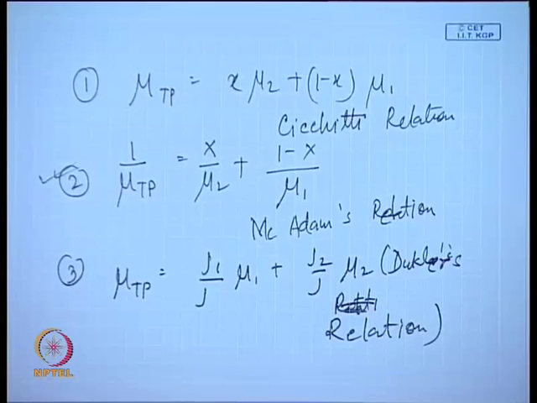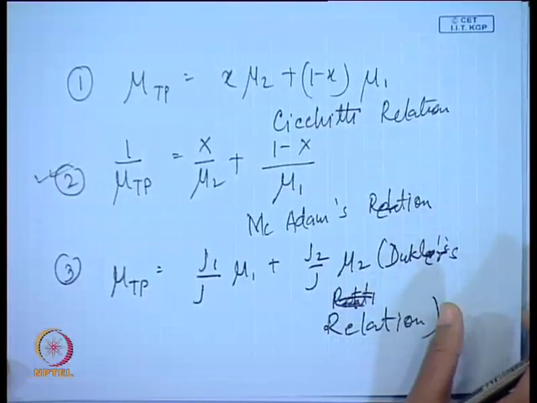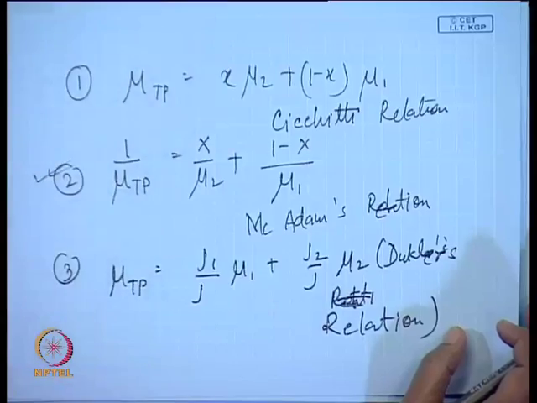If we use the McAdams relationship, you get something of this sort. Suppose we have the laminar flow pattern. For such circumstances, what can we do?